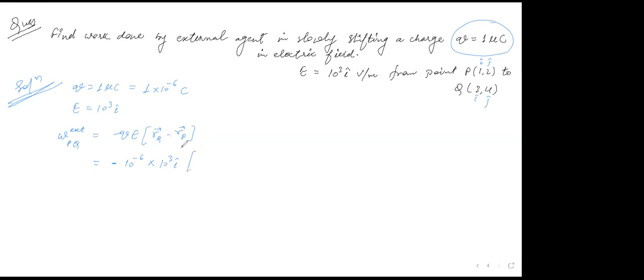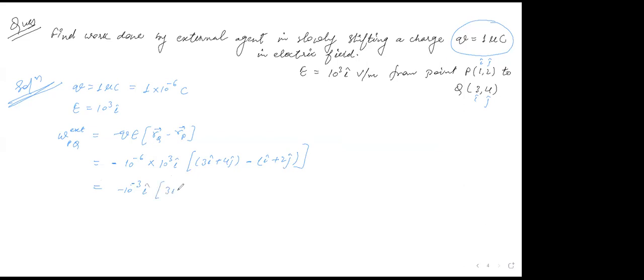And R of Q can be written as 3I plus 4J, minus R of P, which is I plus 2J. When you open this bracket, 10 raised to the power minus 6 and 10 raised to the power 3 will be 10 raised to the power minus 3 I cap.